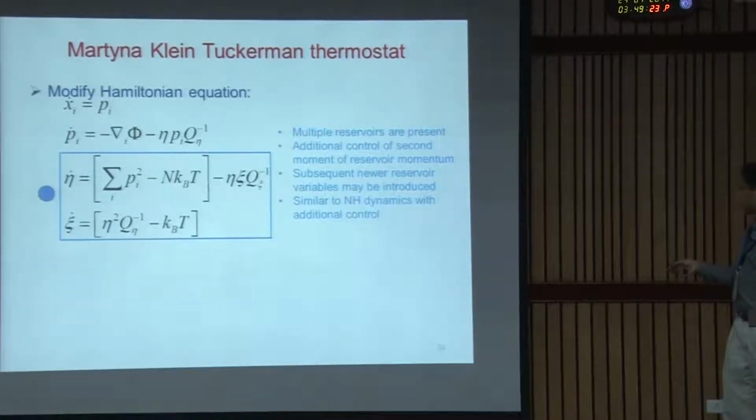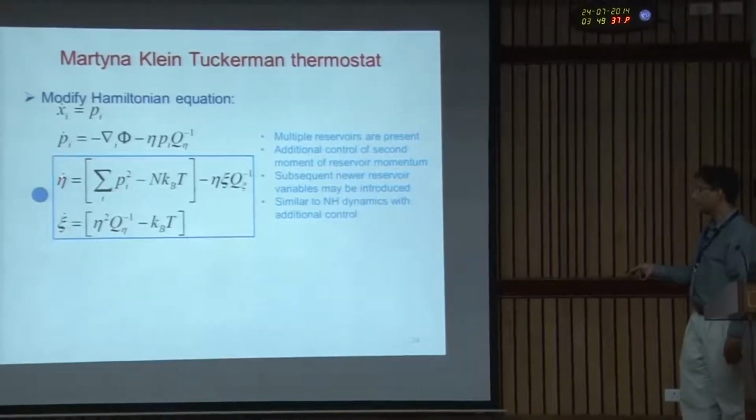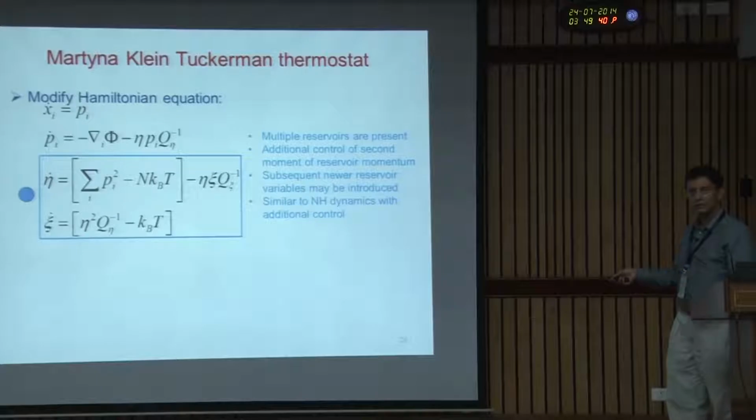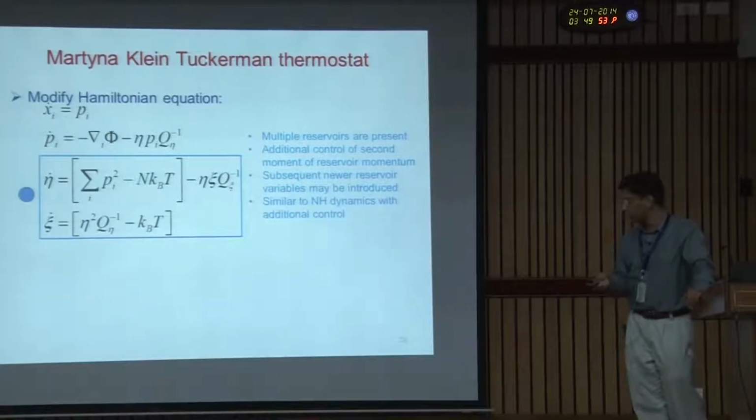So if you remember, this was the original equation, and then I have eta, as before, there is a mass now for the thermostat, and then eta is not only related to the desired temperature of the system, but another reservoir with xi, and then that evolves according to interaction with eta. So it's a chain thermostat, and you can create chains as long as you like. Typically people stop at 2.